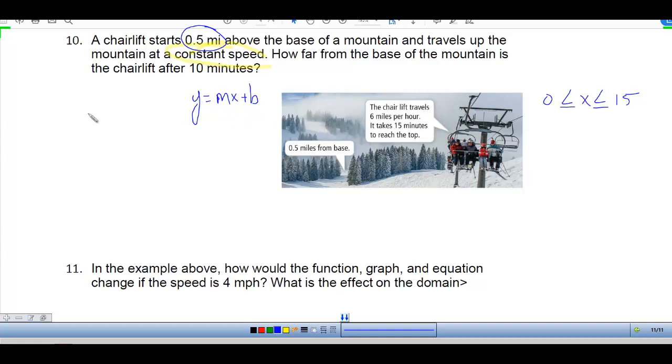And if we go ahead and think about this, I need to find my rate of change. My initial position here, that's going to be the b value. That's my intercept at the starting time. I'm half a mile away, so I already know b, but I need to find m. And m is kind of given to us right here. It's traveling 6 miles per hour, but then we're talking about minutes. So I've got to do a conversion here.